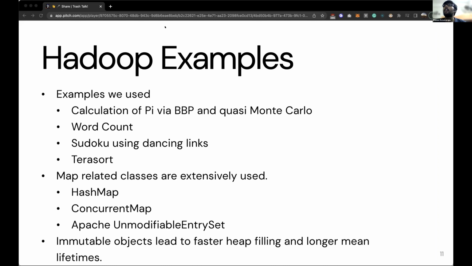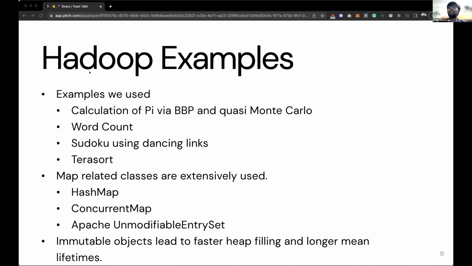So the examples we used were calculation of pi via the BBP algorithm, quasi-Monte Carlo, word count, Sudoku calculation, and TeraSort. Using quasi-Monte Carlo, the value of pi was estimated to a certain precision specified as the input.